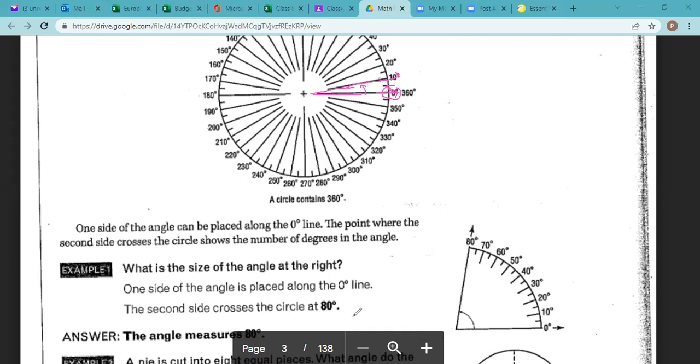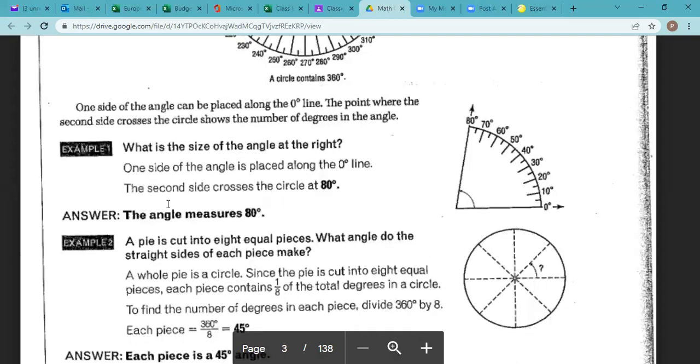If you look at example 1 down here to the right, it says, what is the size of the angle at the right? Well, as you can see, it starts over here with 0 degrees on the right, and this goes all the way up to 80 degrees. So there's your answer. That one was very easy.